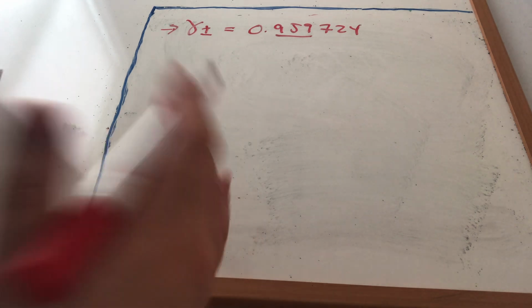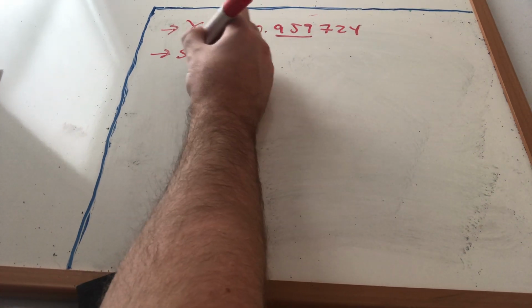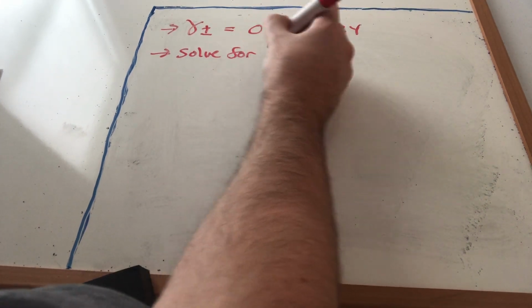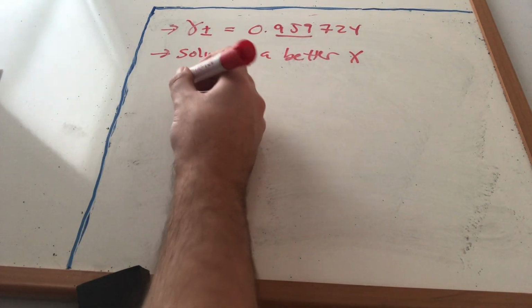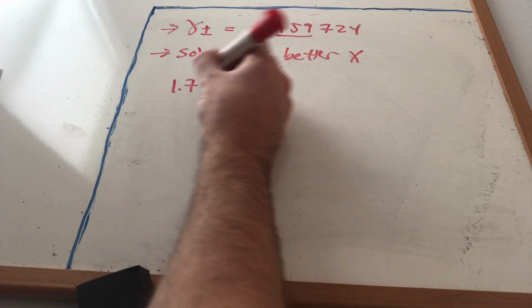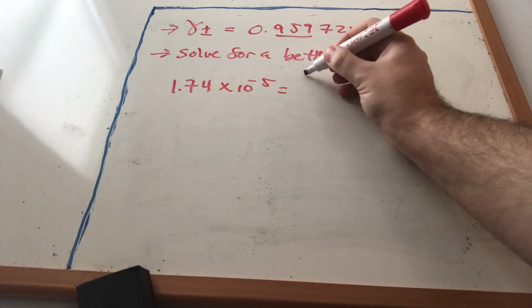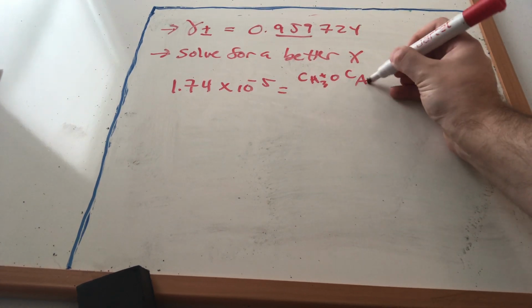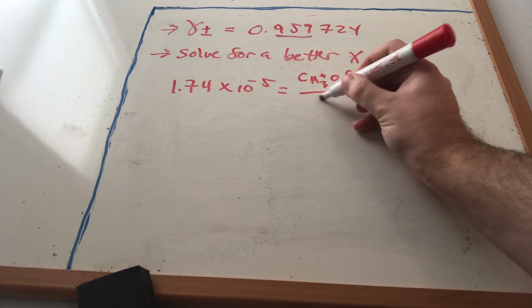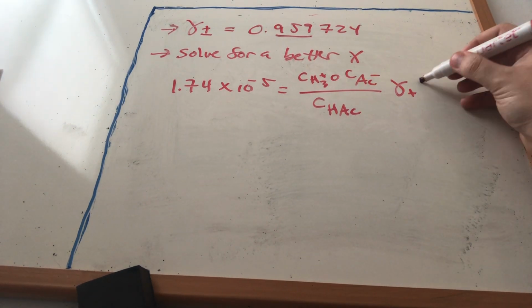So we go back to where we made gamma plus minus 1, and we solve for a better X. So we had this expression that was 1.74 times 10 to the minus 5, which was equal to the concentration of H3O plus, concentration of AC minus, over the concentration of HAC times gamma plus, gamma minus.